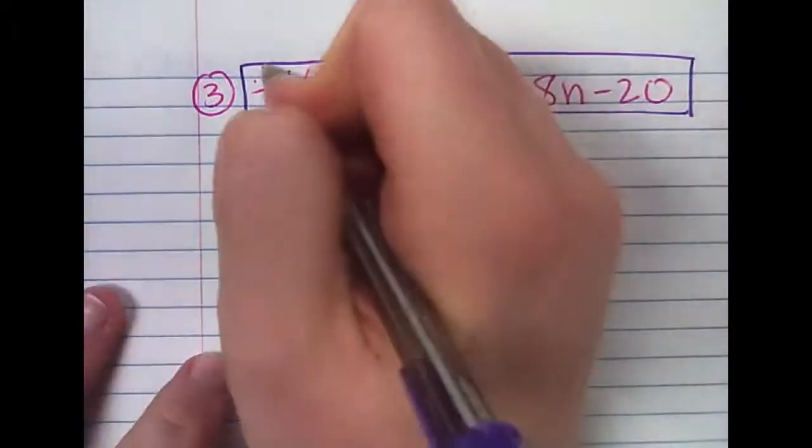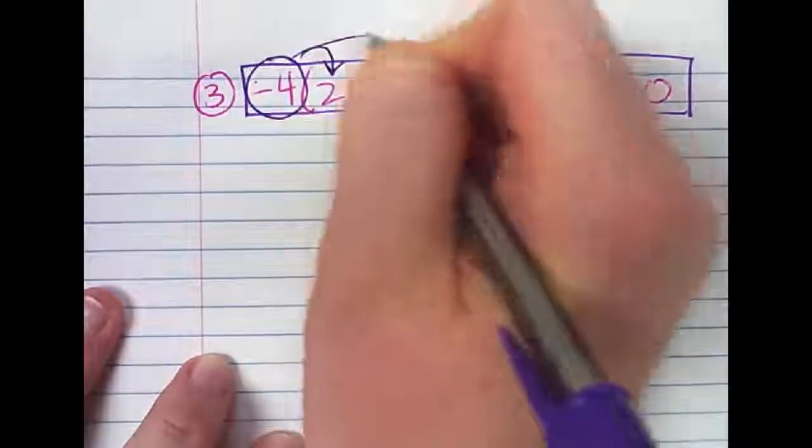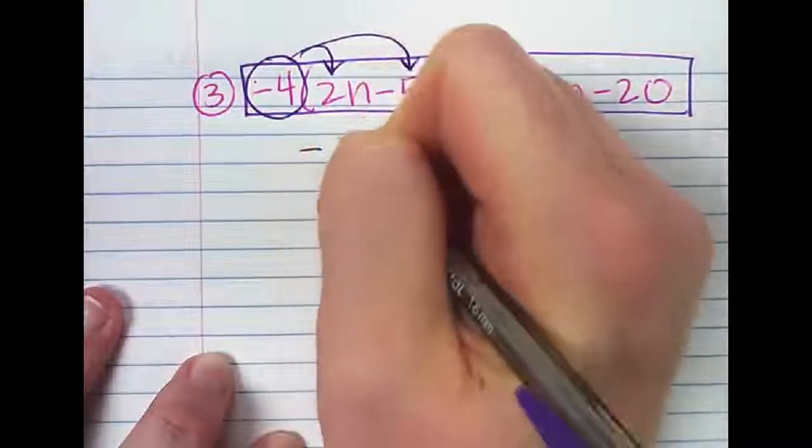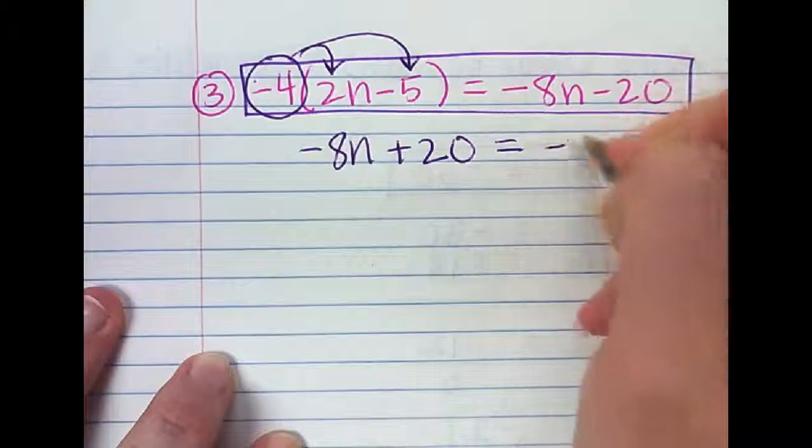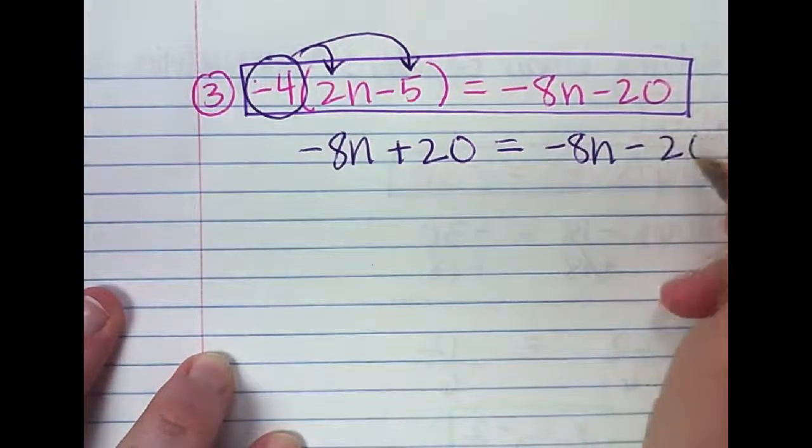Yeah, distribute. Again, make sure you distribute that -4. So we get -8n plus 20 equals -8n minus 20.